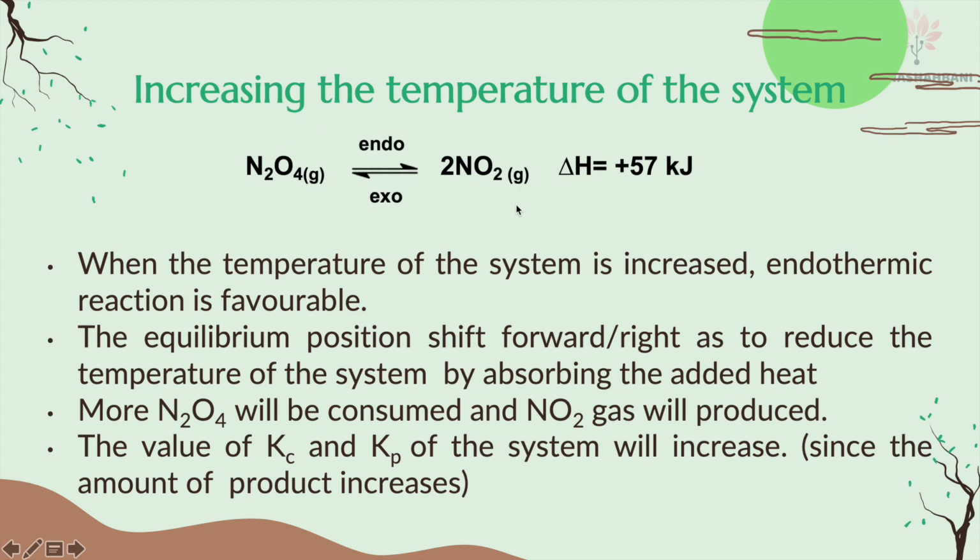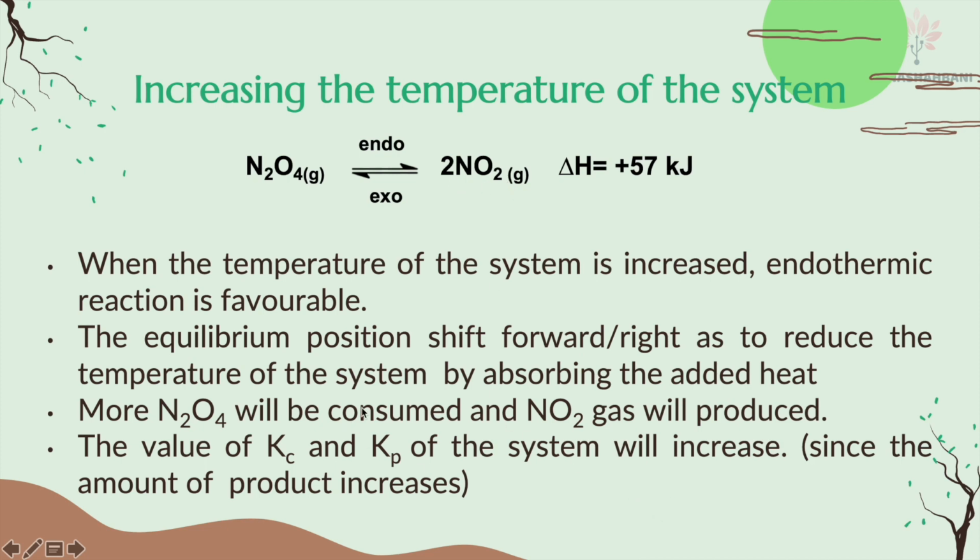When equilibrium shifts to the right, you will have more NO2 and less N2O4. N2O4 will be consumed, NO2 gas will be produced. The value of Kc and Kp will increase since product increases. When you write the Kc or Kp expression, Kc equals product concentration over reactant concentration.